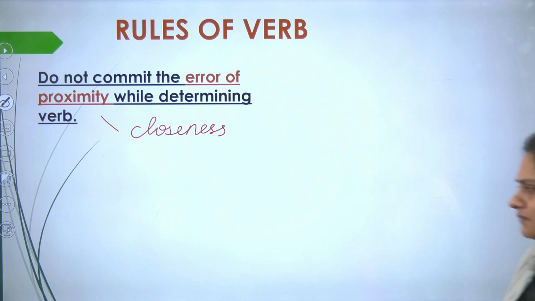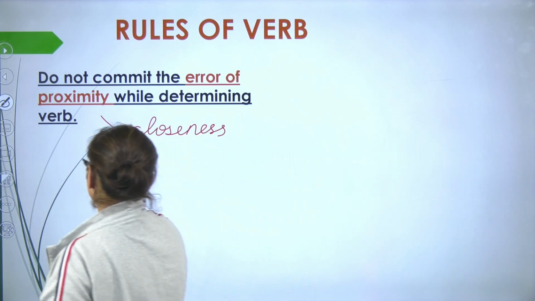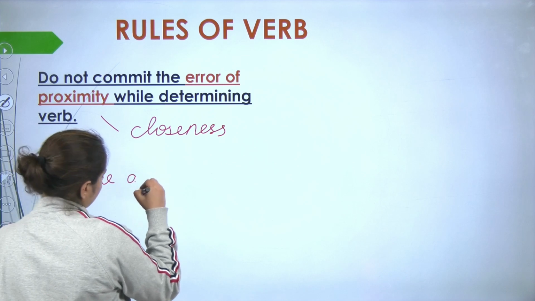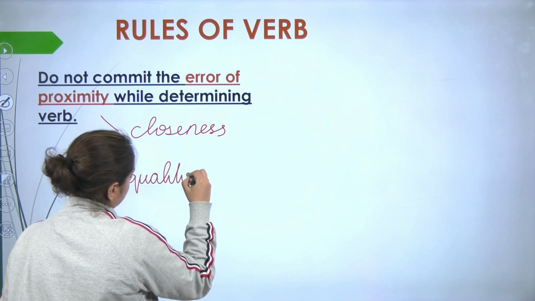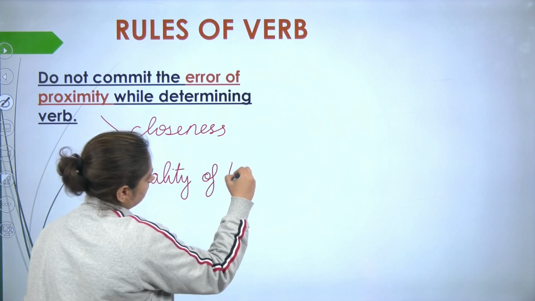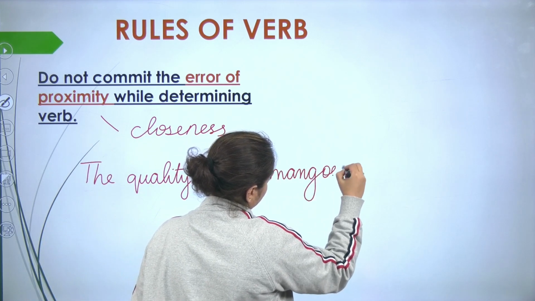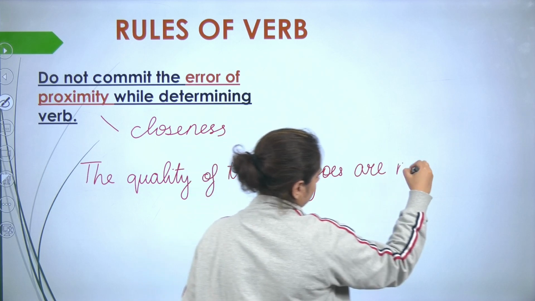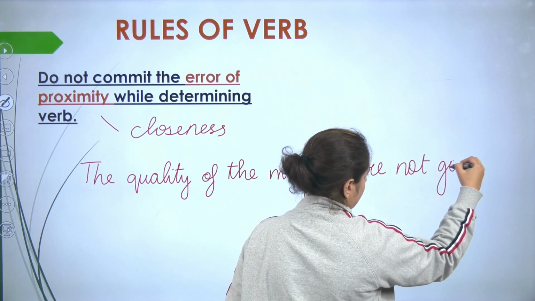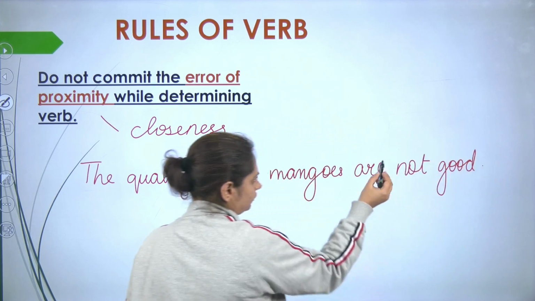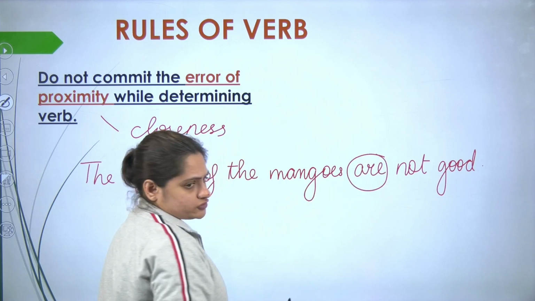Okay, for example, a very basic thing: the quality of the mangoes are not good. Are not good. What is not good, guys? Mangoes are not good? Are we saying mangoes are not good? We have used "are" because mangoes is plural.